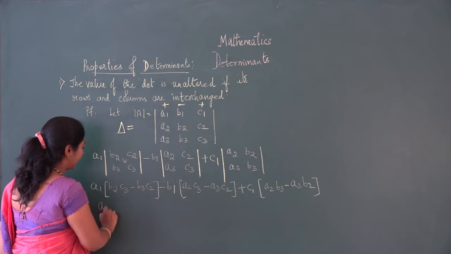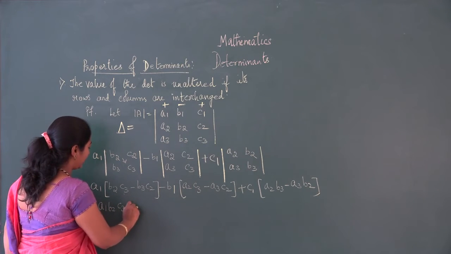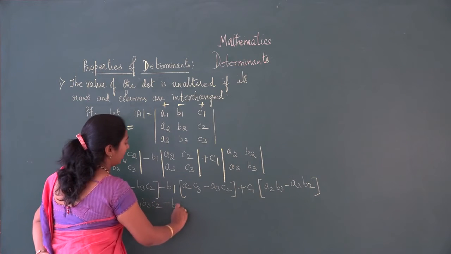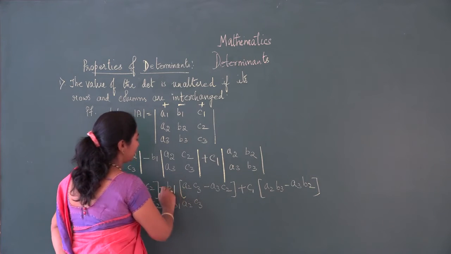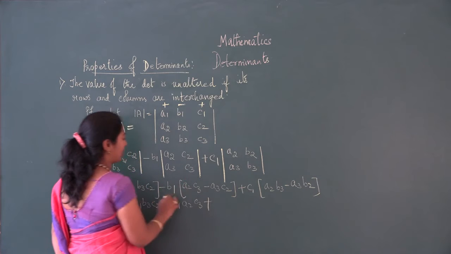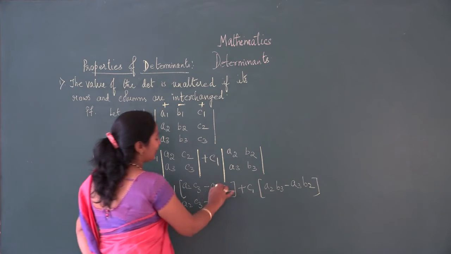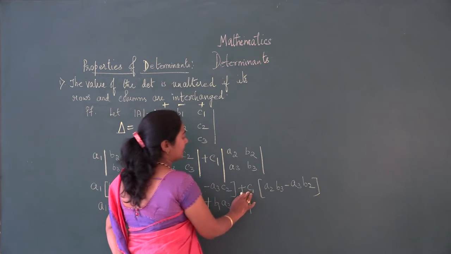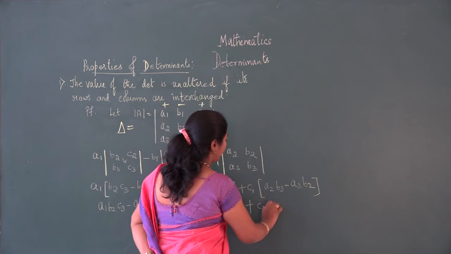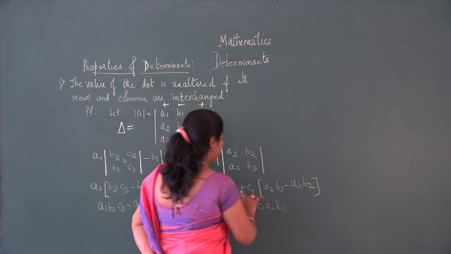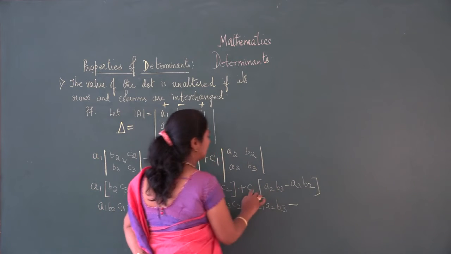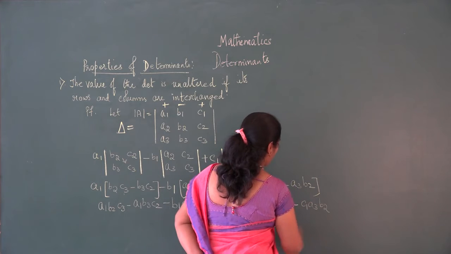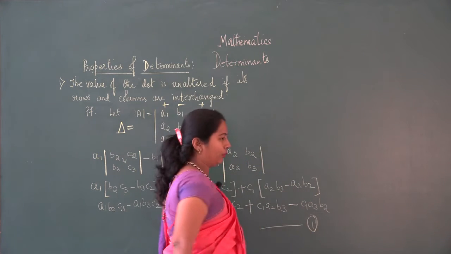What do we get? A1, B2, C3 minus A1, B3, C2 minus B1, A2, C3. Minus into minus will be plus B1, A3, C2, plus C1, A2, B3, plus into minus, minus C1, A3, B2. Call this equation number 1.